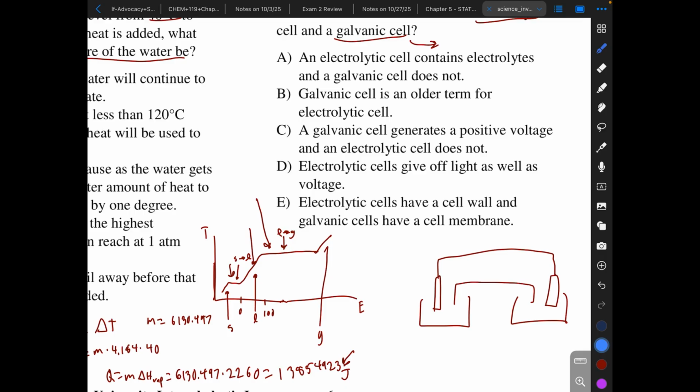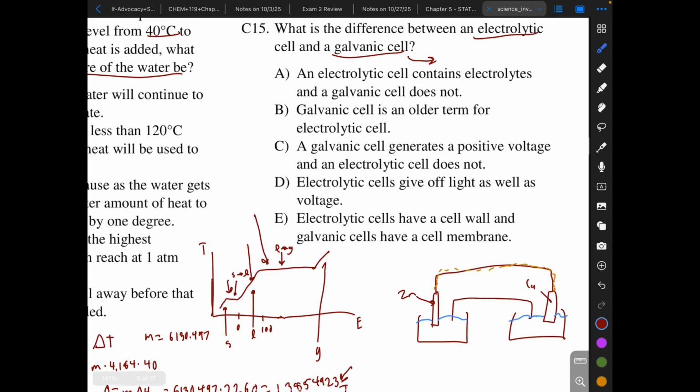So we have two solutions, and we have two elements. For example, let's say this is zinc and this is copper. Electrons will start flowing from one electrode to another without the need of any sort of external battery source.